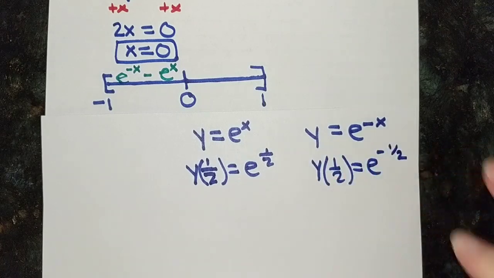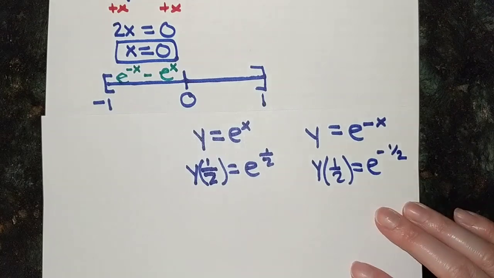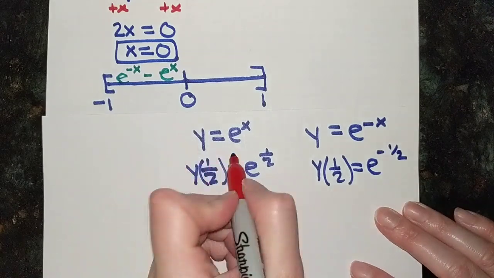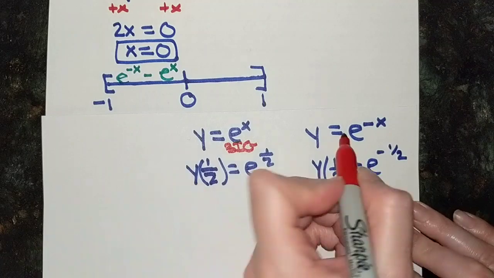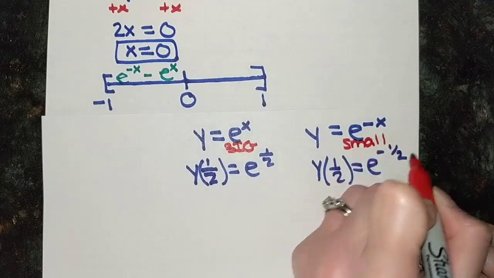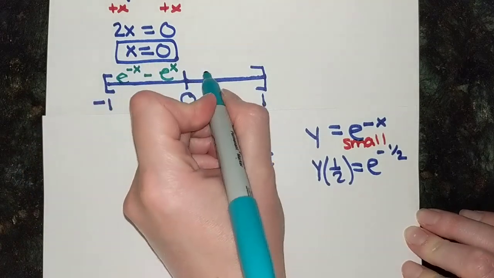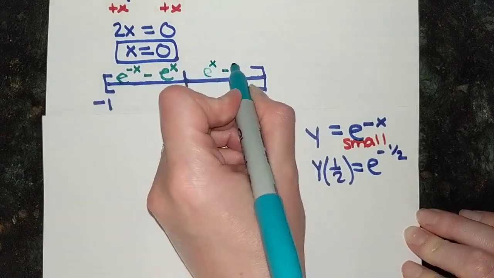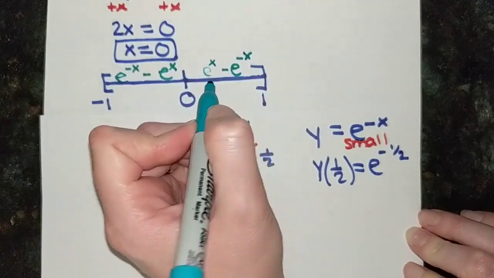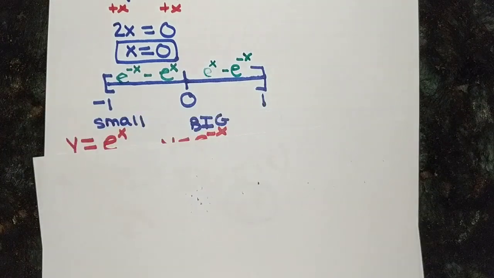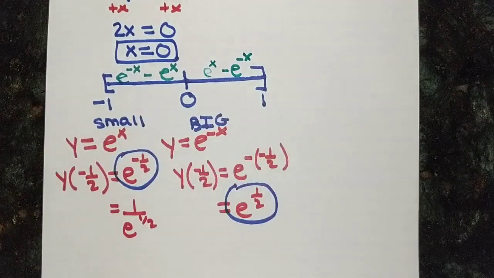Okay, and when you do that, you now get that the big function is e to the x, and the small function is e to the -x. So on the second interval, you would have e to the x minus e to the -x. Okay, so again, it's two intervals because you do have a point of intersection in the middle there.